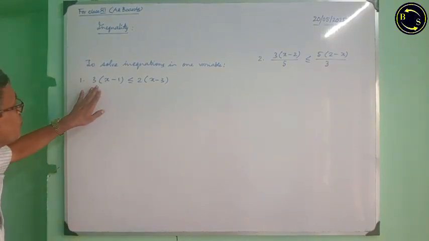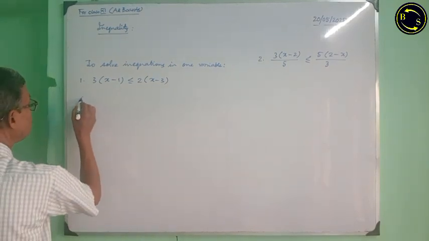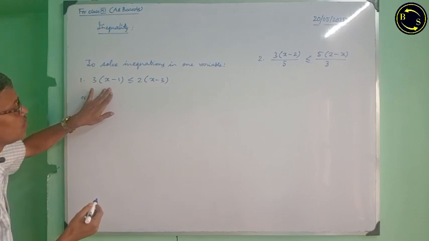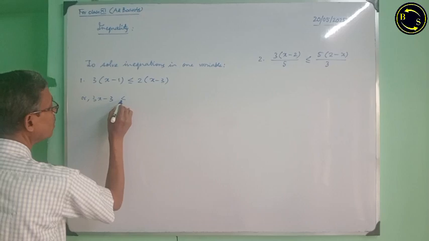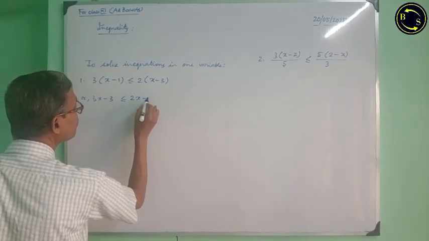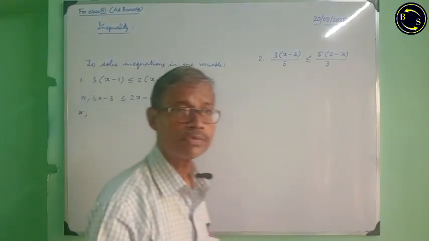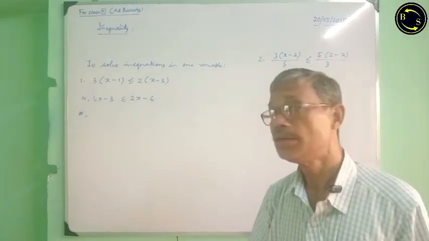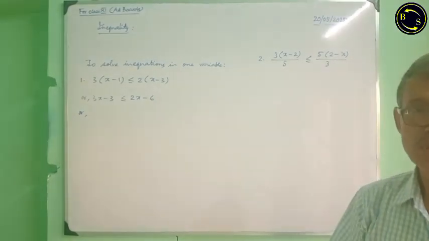Number 1: 3 into within brackets x minus 1 is less than or equal to 2 into within brackets x minus 3. First of all, we multiply on the left side as well as on the right side. 3x minus 3 less than or equal to 2x minus 6. Now we have to find the values of x, and we always take the variable part on the left side.